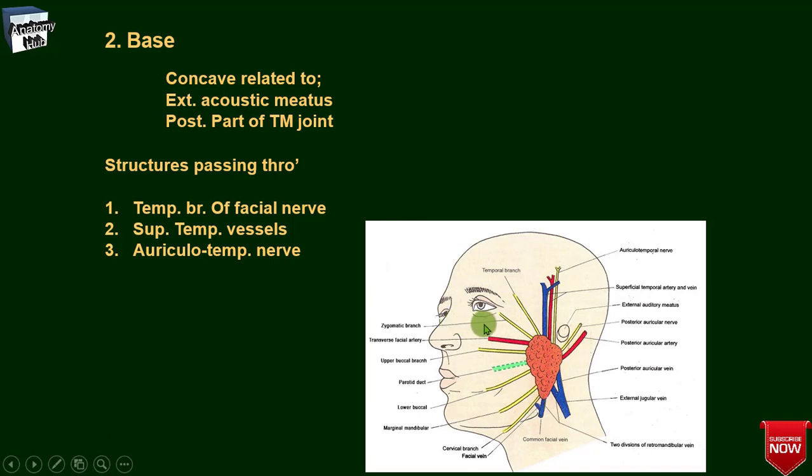So the temporal branch of the facial nerve, the superficial temporal vessels and the auriculotemporal nerve, these three structures pass through this parotid gland.